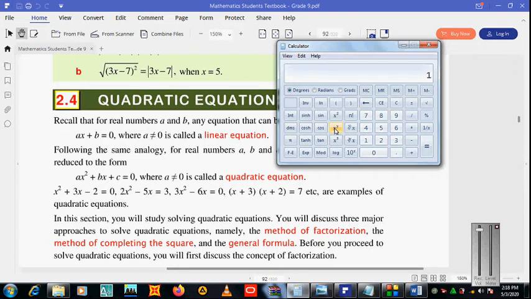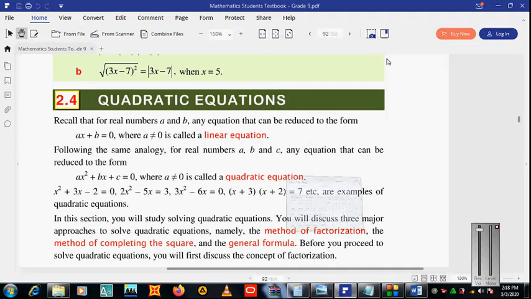Any number to the power of 0, even 100 to the power of 0, the answer is 1. Therefore, c times 1 is c.